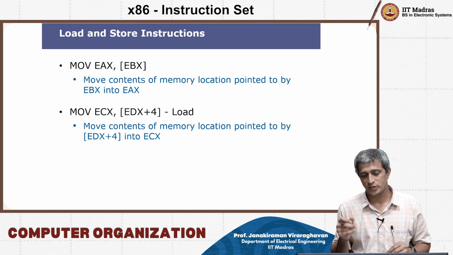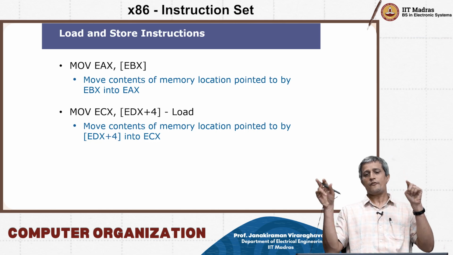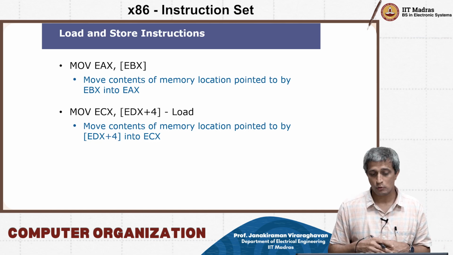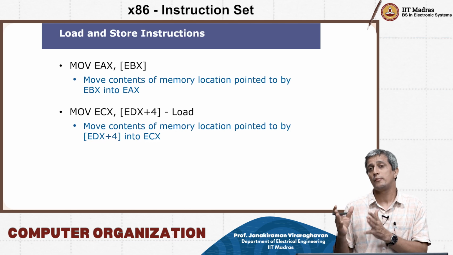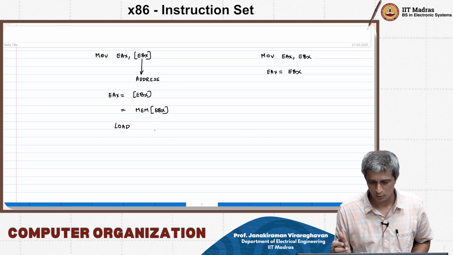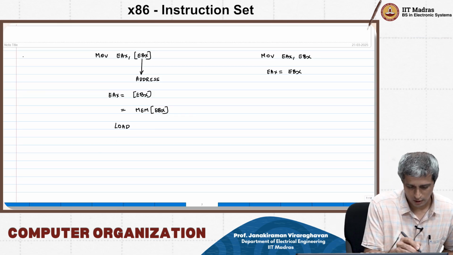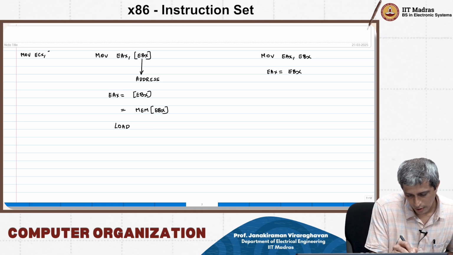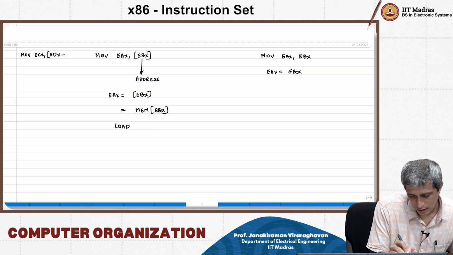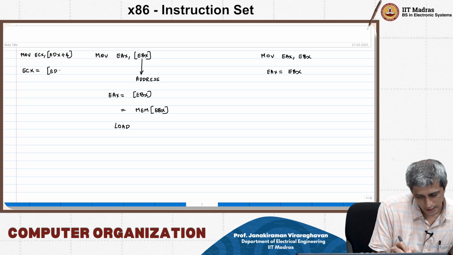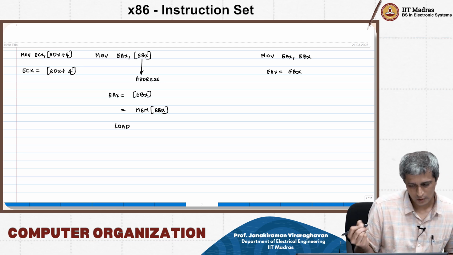So when you say MOV ECX, [EDX+4], this is also a load operation, but what we are now saying is we are moving the contents of the memory location pointed to by EDX plus 4 into ECX. Then effectively we are saying the contents of EDX plus 4.